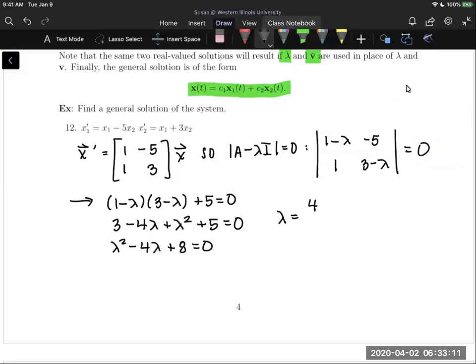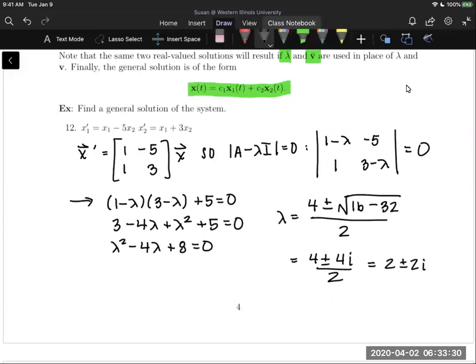Negative b plus or minus the radical of b squared minus 4ac, all over 2a. So I have 4 plus or minus 4i over 2. So I get 2 plus or minus 2i. So remember, we tend to write this as 2 plus 2i, and then the complex conjugate is 2 minus 2i.